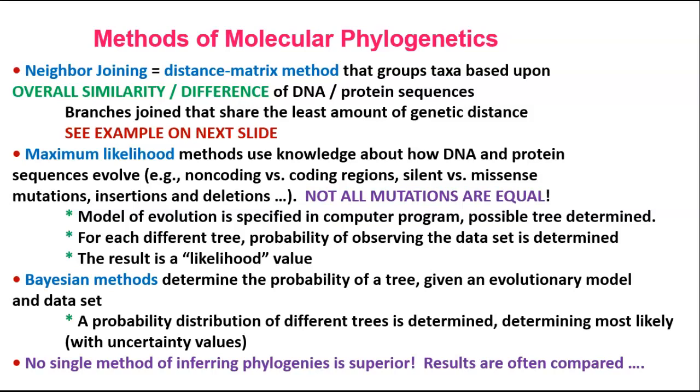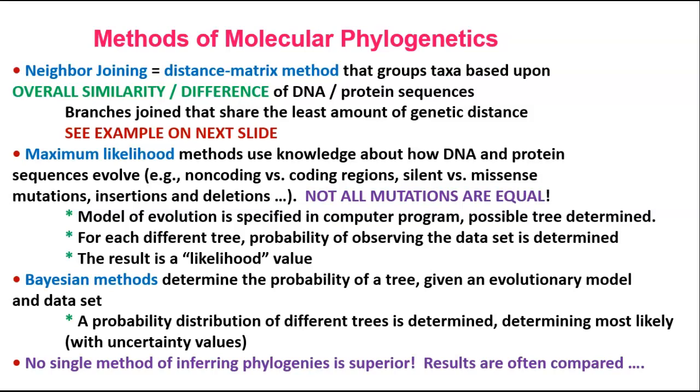So you put in those parameters of probabilities of these different kinds of mutations and so on. And then based on what's entered in that computer program, the possible trees are determined. And for each tree that is calculated, each arrangement of branches, what is given to you at the end of the analysis is a probability of observing the data set based on that tree.